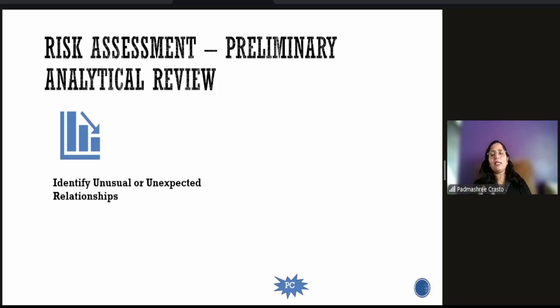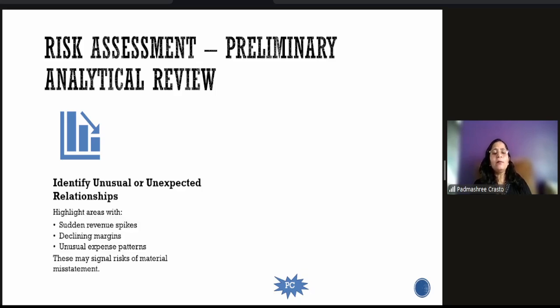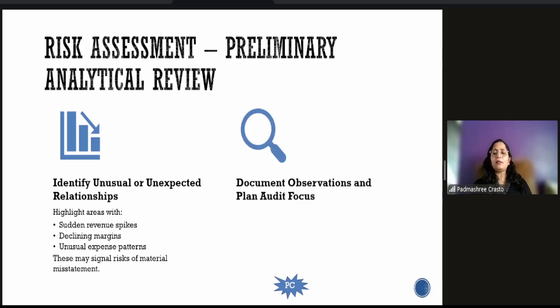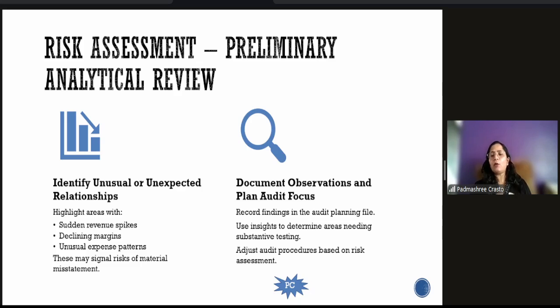The per square feet rent has increased. That may be a reason for increase in rent and not really the revenue. So we have to analyze and observe what is the trend and what is the relationship that is coming up. We need to highlight areas with sudden spikes, declining margins, unusual expense patterns, and these can become our significant risk also.